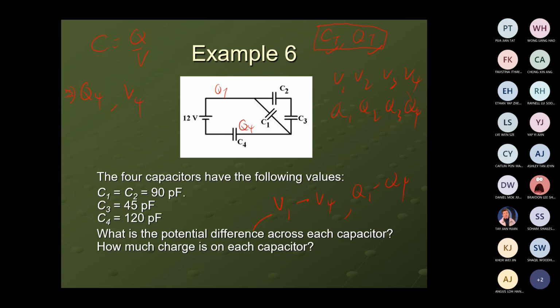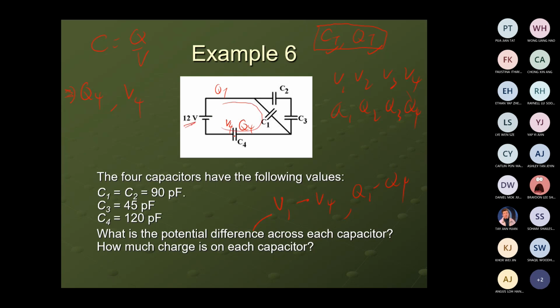So after you find Q4 and V4, what can you find next? Look at the circuit. Now you know Q4, V4. You can use Kirchhoff's law, the loop. You take the smaller loop here.